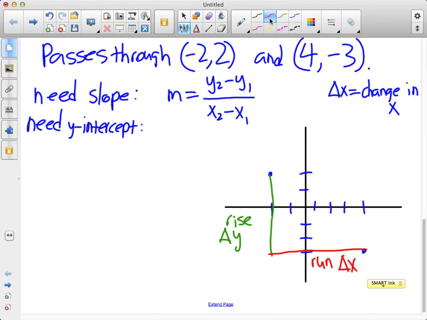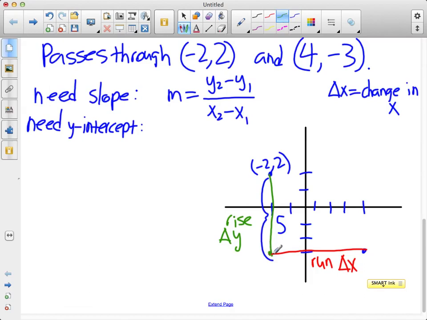So we can obviously just count the spaces over. So we know this is -2, 2. What's the rise? Well, 1, 2, 3, 4, 5. So this distance is 5. And then what's the run?